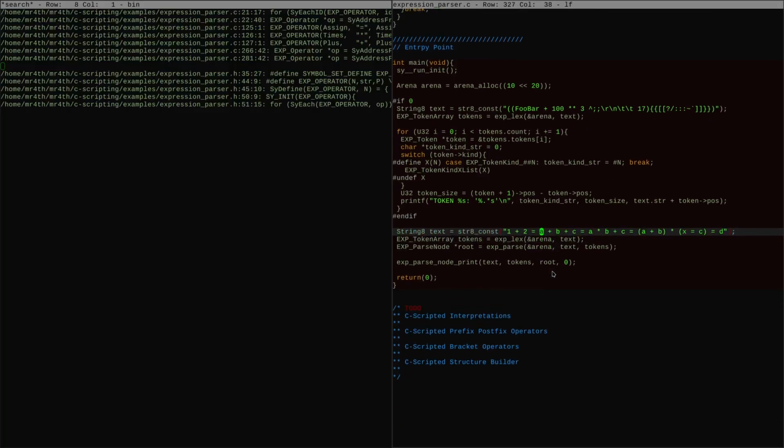And so finally, this could become like A minus B plus C, A times B plus C, A plus B divided by X plus C equals, right, there you go.